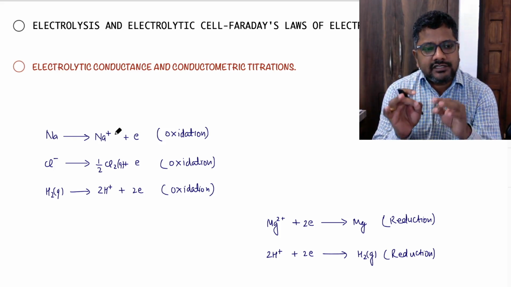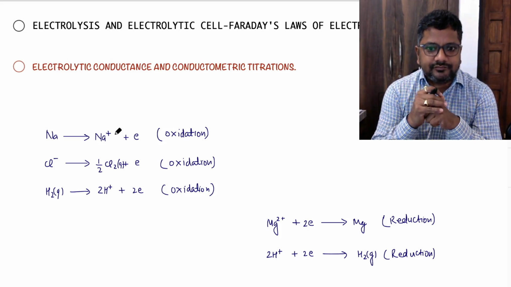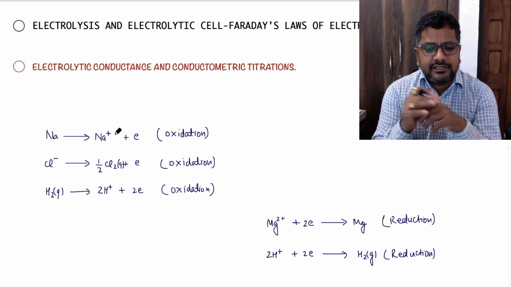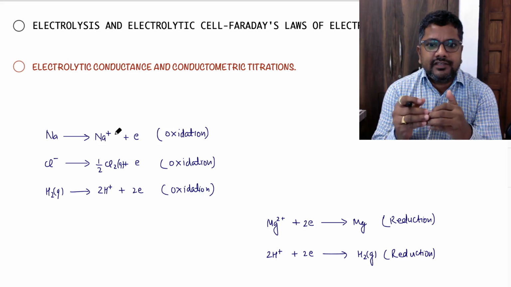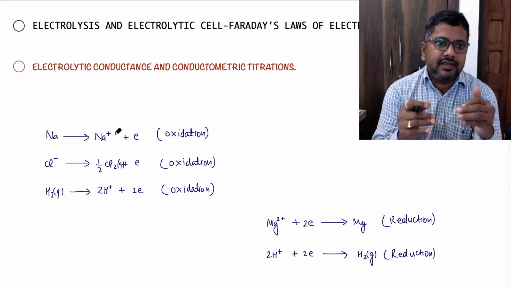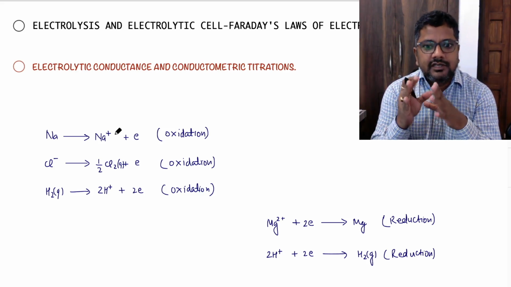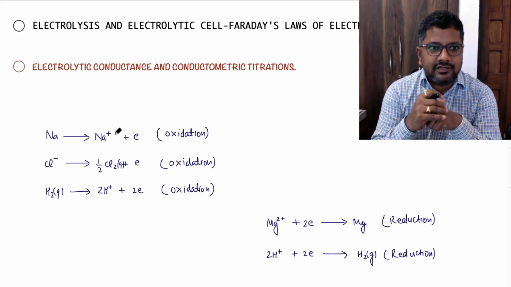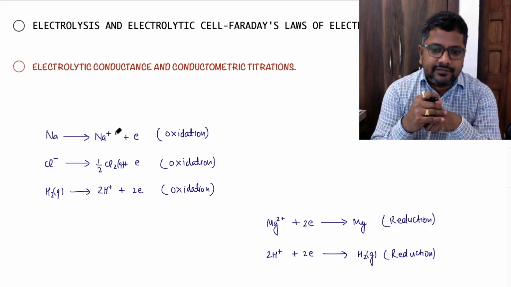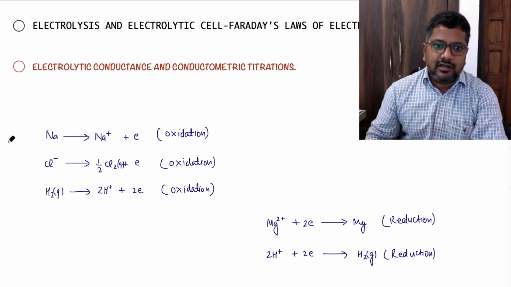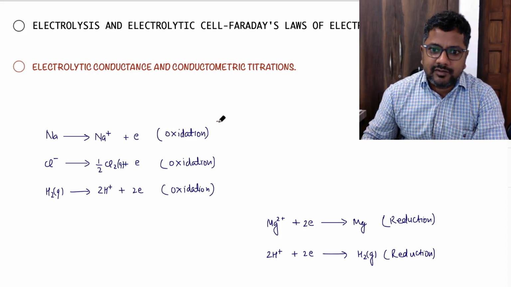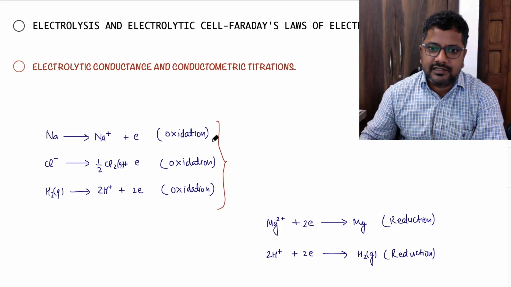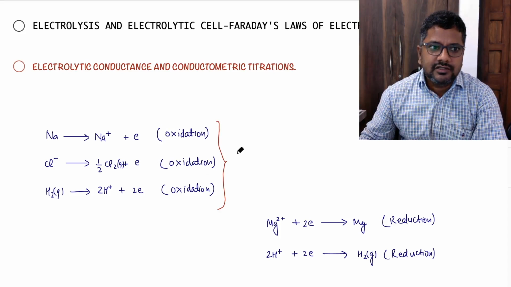It is always a half reaction. This is the method of identifying whether a reaction is a half reaction or a complete reaction. Whenever electrons are present in an ionic reaction, it is definitely a half reaction.